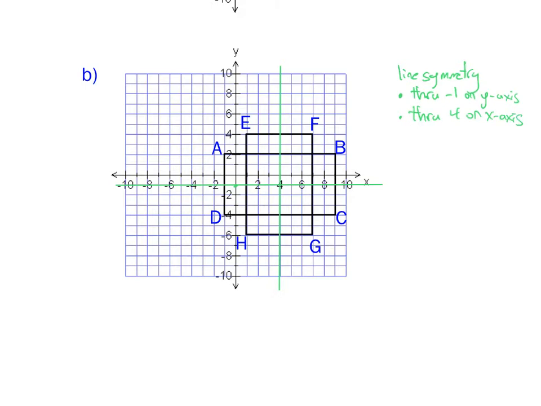Now, where those lines met is actually the center of the shape. And that's actually where we'll have some rotational symmetry as well.